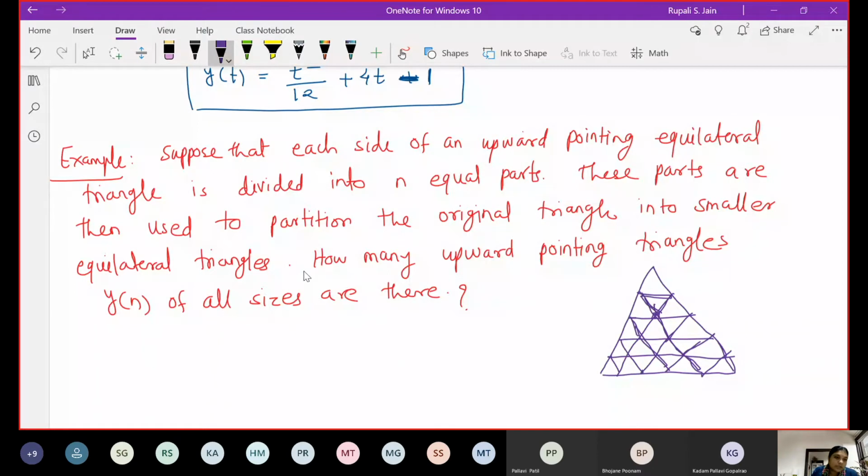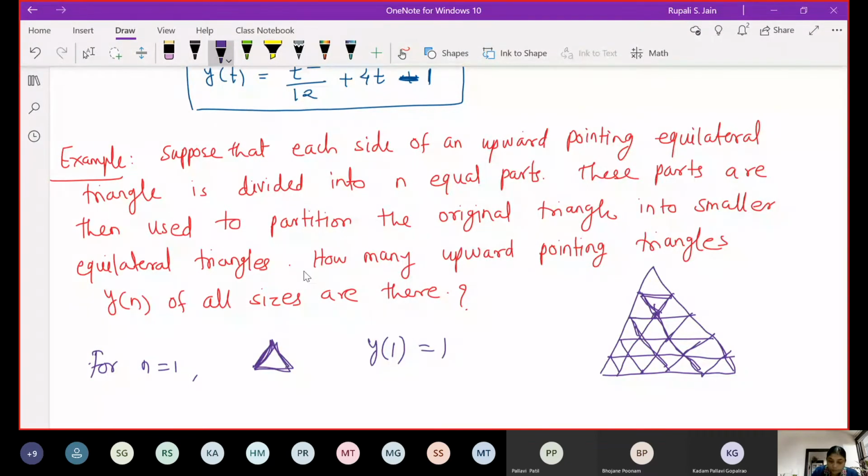So for n equal to 1, what is this? It is just one triangle. So what is my y at 1? It is just 1. Are you getting this? Yes, ma'am.